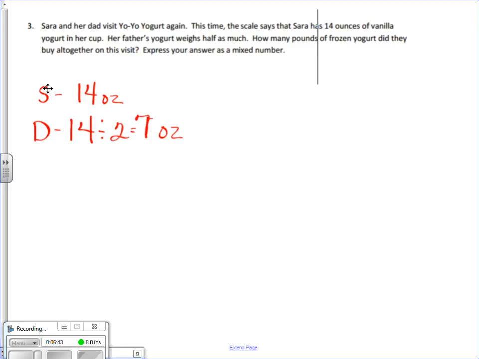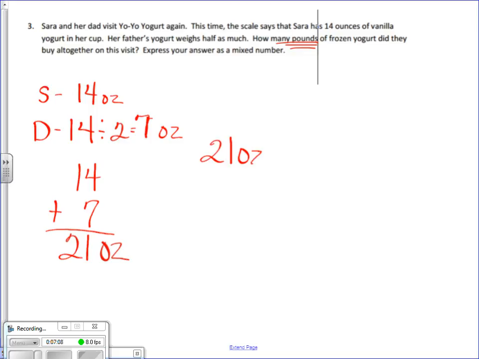Yeah. Find their sum in ounces first and then do the conversion. So 14 plus 7 was 21 ounces. Then we need to take 21 ounces and turn it into pounds.